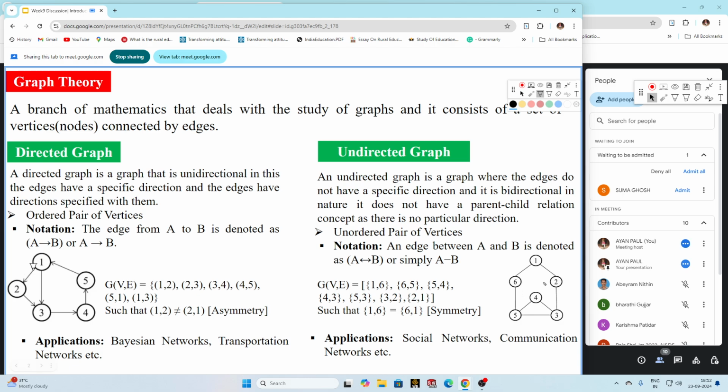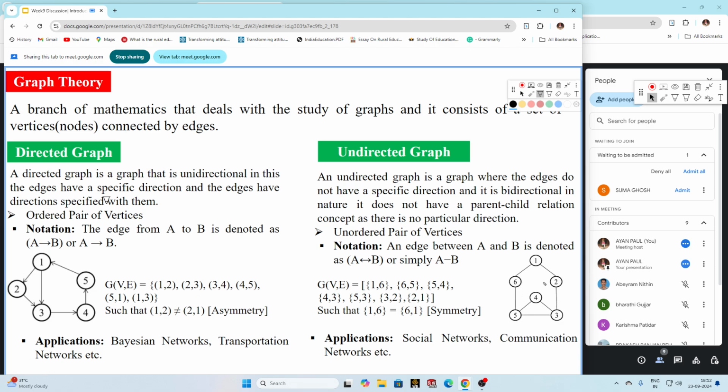In a directed graph, we have nodes, which are also known as vertices, and edges, which are also known as links.